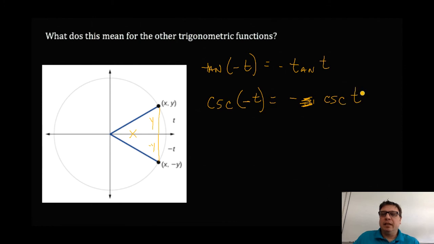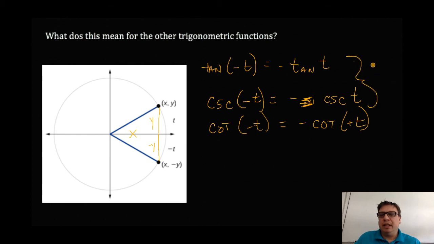So these two are odd. That also means if tangent is an odd function, then so is its reciprocal function. So cotangent of negative t is also going to be an odd function. So these are all odd.